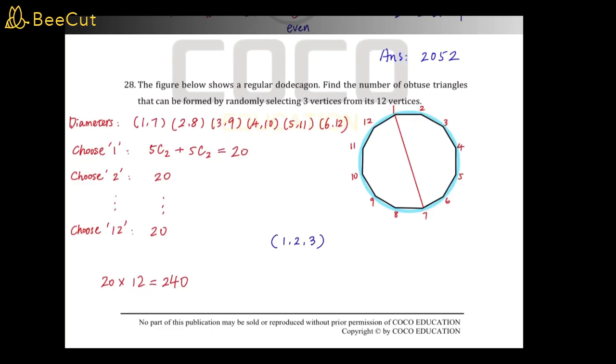Now let's change the diameter. If we choose 3, 9 as the diameter, this is when you are checking for point 3. Then we also need to count this triangle. Right? That's also one of them.